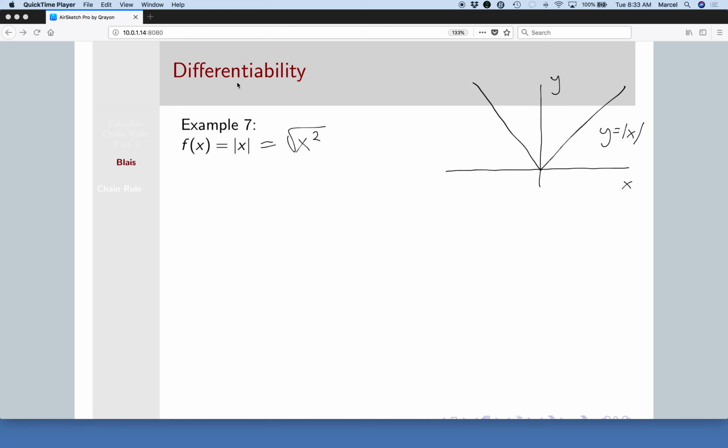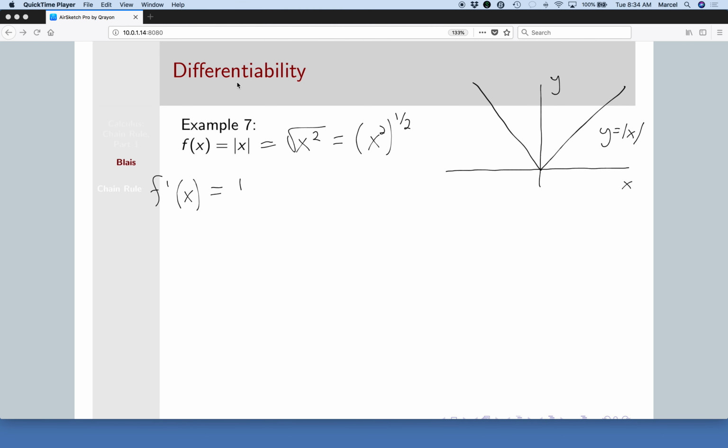But with that, we can actually calculate its derivative. This is something we can do chain rule on. So this is x squared to the 1/2. So chain rule would say outer function is this 1/2 raised to the 1/2 power.